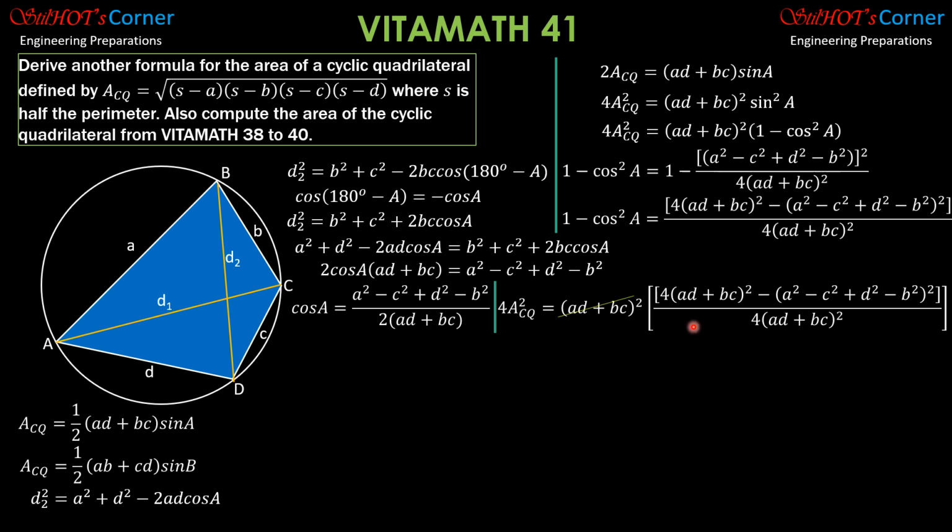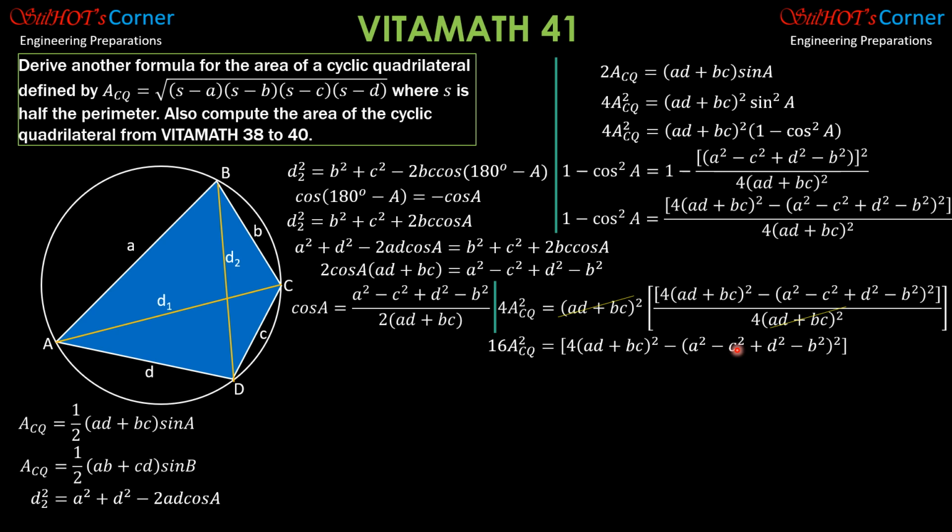So canceling out AD plus BC quantity squared, and then 4 times 4 becomes 16 area of cyclic quadrilateral squared, then equals 4 quantity AD plus BC squared minus quantity A squared minus C squared plus D squared minus B squared quantity squared. That's the simplification.